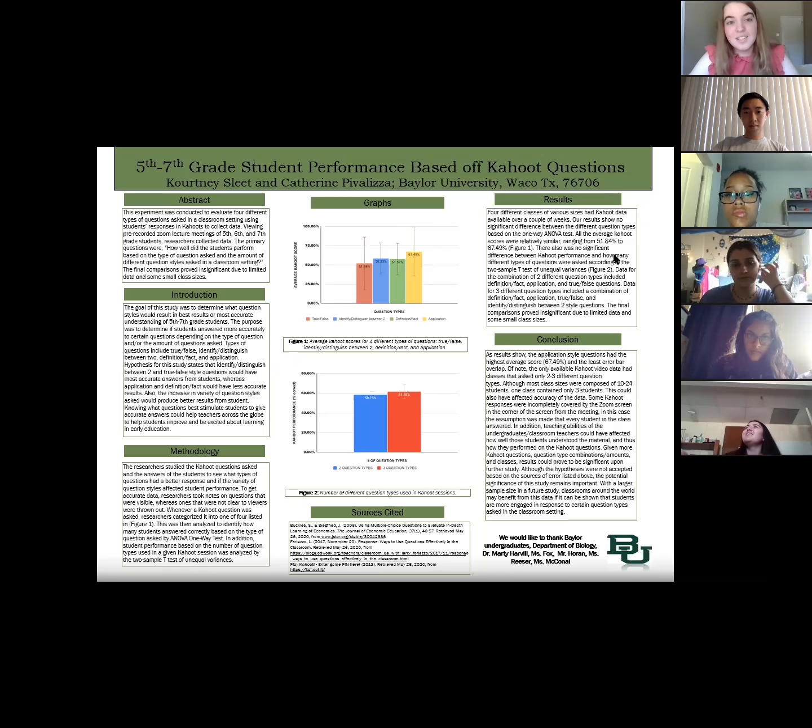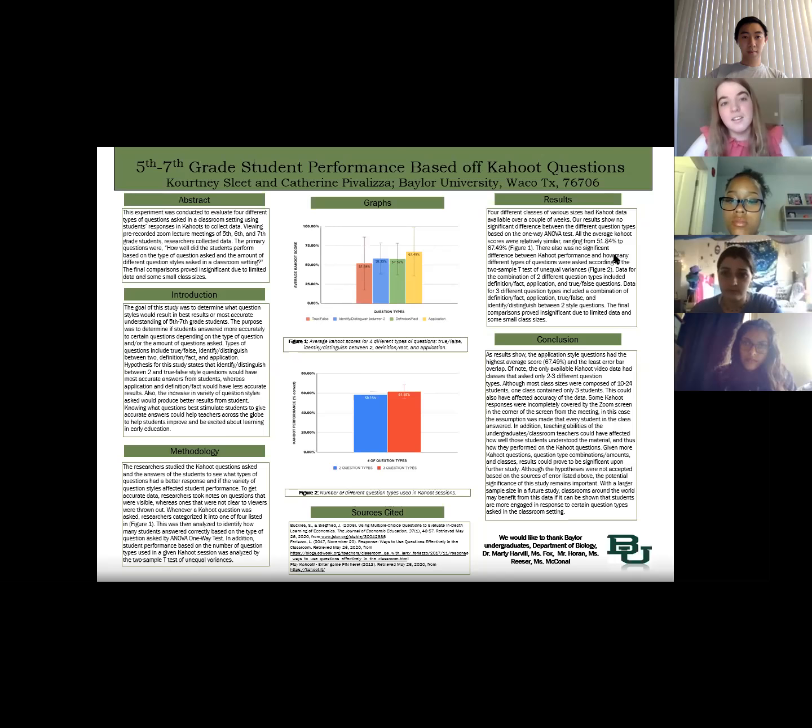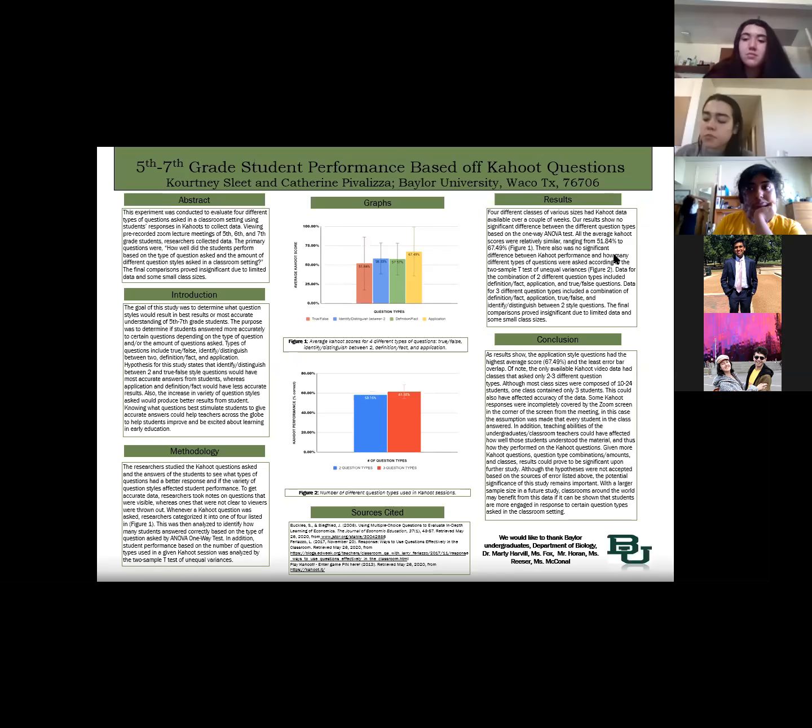But the importance of the study still remains. Education, obviously, we've always been in it, and what we were really striving for was to find out what types of questions, and the combination or how many of them, help students most understand and apply what they've learned in class, and also keep them engaged and passionate about learning.